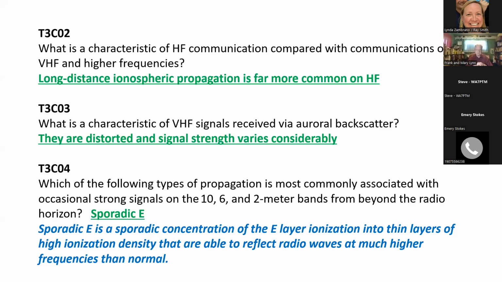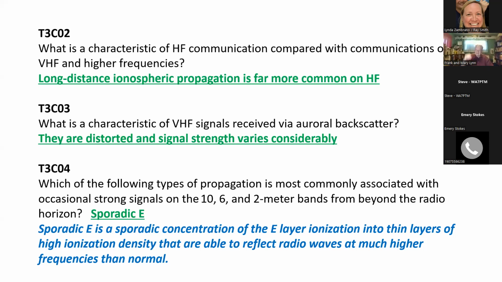What is the characteristic of VHF signals received via aurora backscatter? What they're referring to here, aurora backscatter, is when you have the aurora borealis, the northern lights. Those are just charged particles in the upper atmosphere, and they get a lot of them excited.